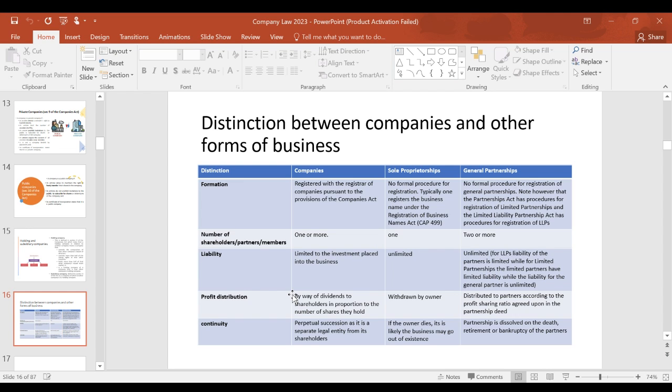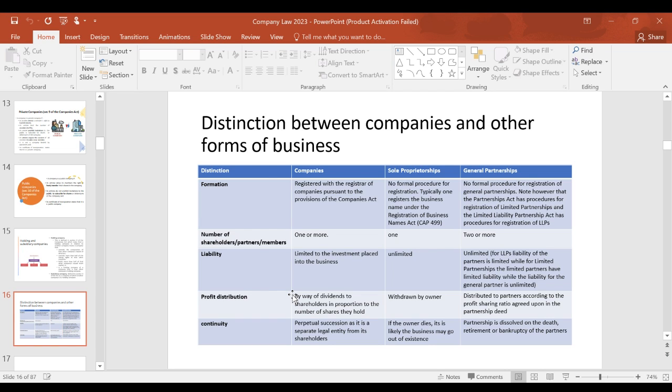Now, let us look at the distinction between a company and other forms of business. So the first distinction, we're looking at the formation. A company is always formed through the registration of companies pursuant to the Companies Act. We will look at the registration of company, formation of the company in the next chapter.